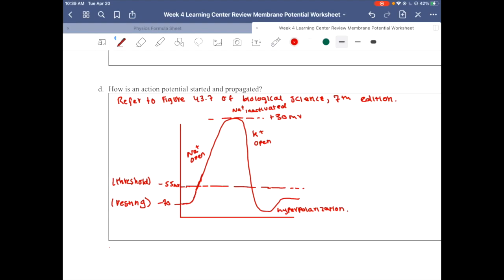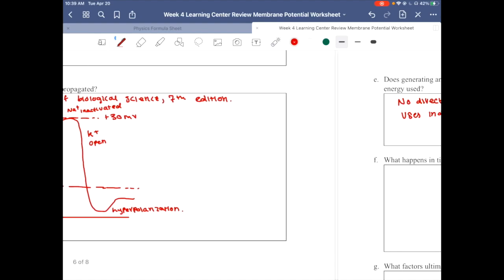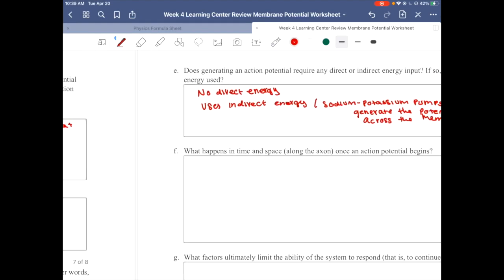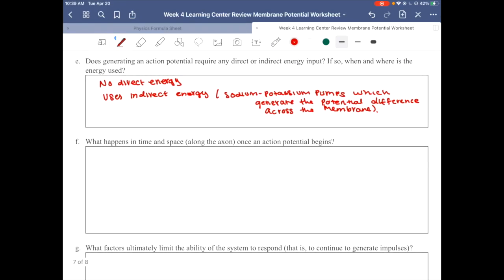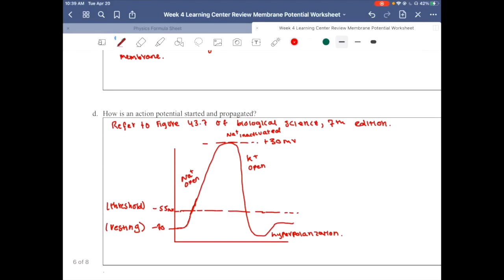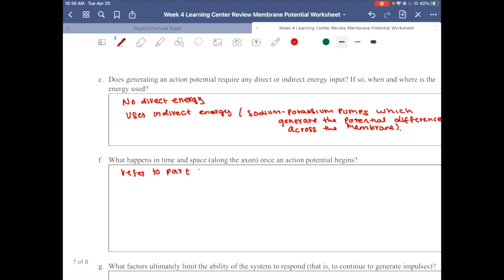So that's what they're asking for on part F. So I'm going to say refer to part D, and also the page in the book is a great resource.